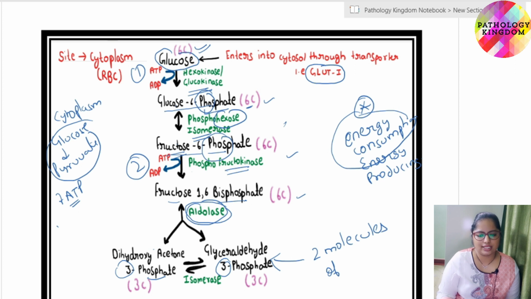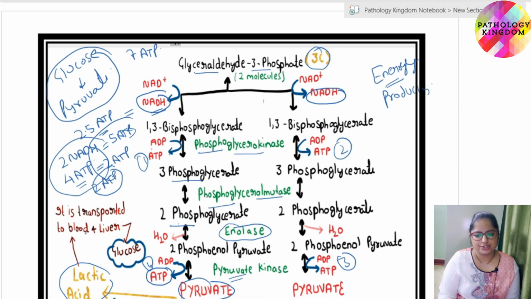This dihydroxyacetone phosphate is converted to glyceraldehyde 3-phosphate. So at the end of this phase, we have two molecules of glyceraldehyde 3-phosphate. This glyceraldehyde went through a series of events and converted into pyruvate with the production of 2 NADH and 4 ATP.